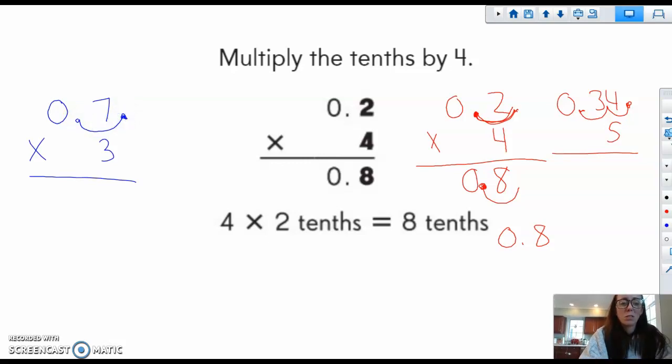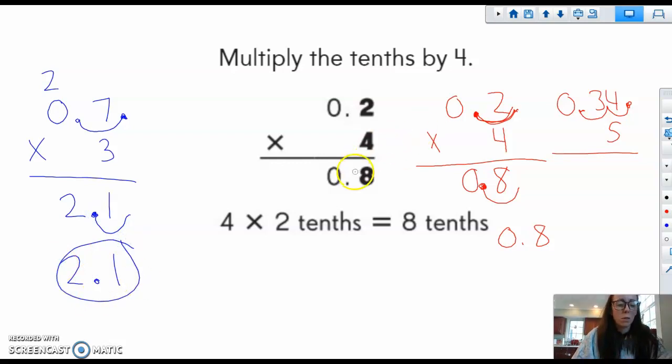So I have 7 times 3, I get 21. I put down my 1, I carry the 2. 3 times 0 is 0, plus that 2, I get 2. Now I need to swoop the decimal back in. So I'm going to start right here and swoop it in. So my final answer would be 2 1/10 for this problem.